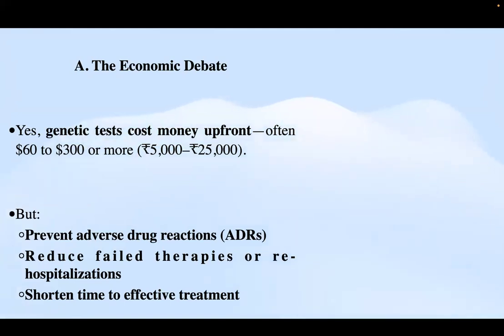Often it may be $60 to $300 or more, which in Indian rupees is 5,000 to 25,000, and it goes up to 50,000 as well. But on the other side, it can prevent adverse drug reactions which may cost more than the money written above.